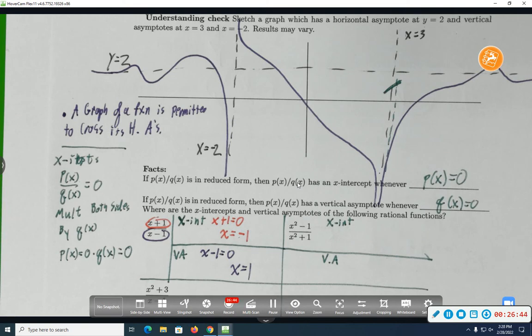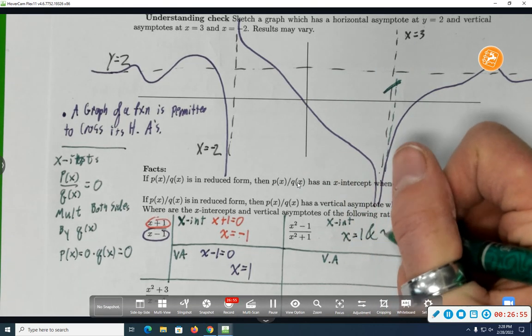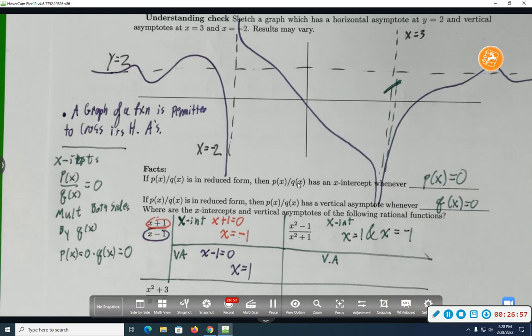So, that top function, where are the x-intercepts? I hear one. Is there another one? Where are the vertical asymptotes?